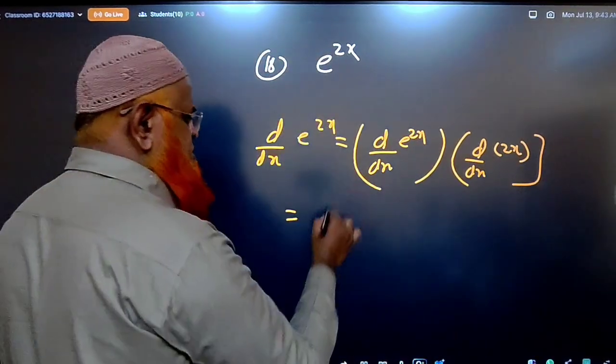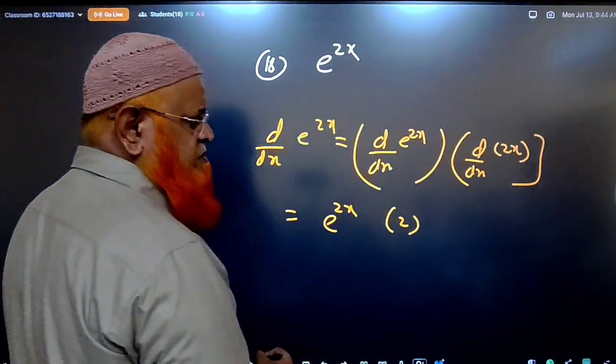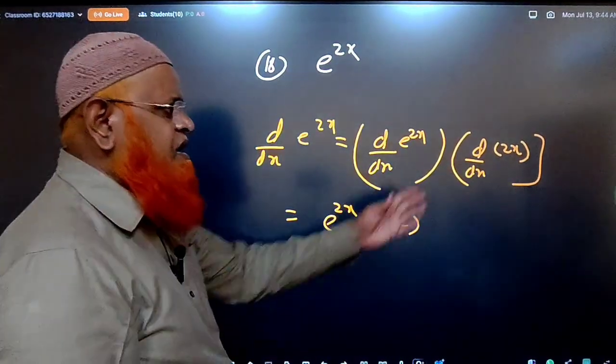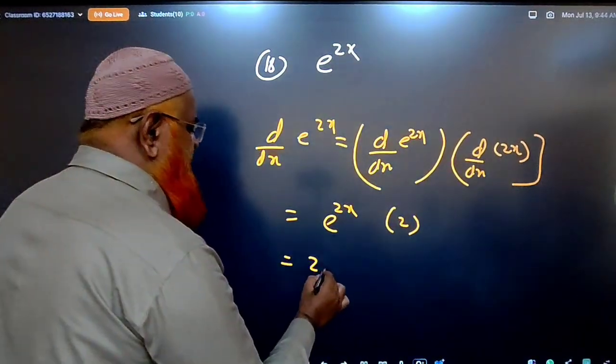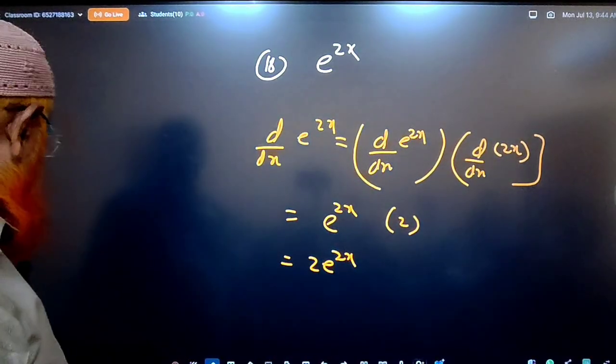Okay, so this is going to give e power of 2x only, and that will give again 2 separately, because dx by dx is going to be 1 here, 2 is going to be a constant here, so your final answer is 2 e power of 2x. That's it. Understood what I'm saying now?